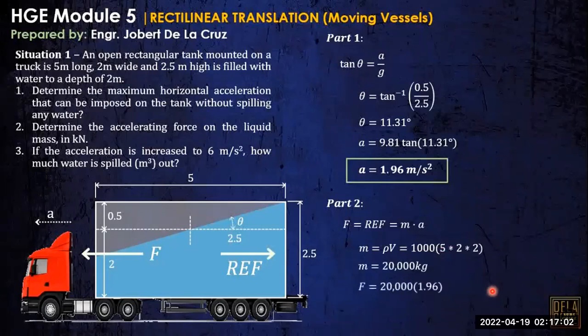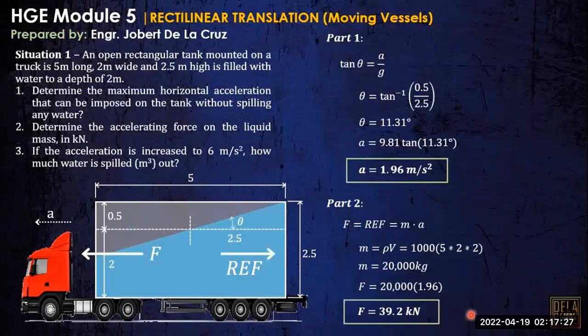Then we can calculate the accelerating force, mass times the acceleration. So, wala naman siyang sinabi anong acceleration yung gagamitin natin. So, we assume talaga itong acceleration natin yung gagamitin natin dito. Okay, so we have force 39.2 kilonewtons. The accelerating force in this moment.